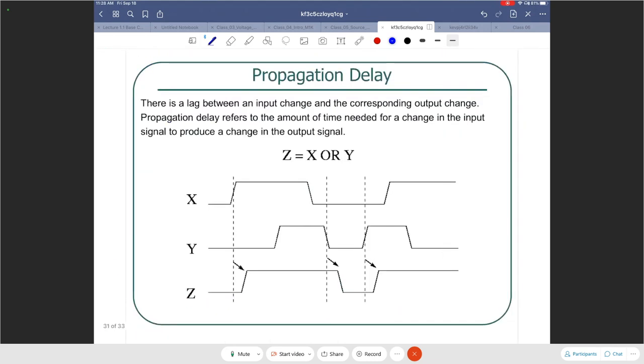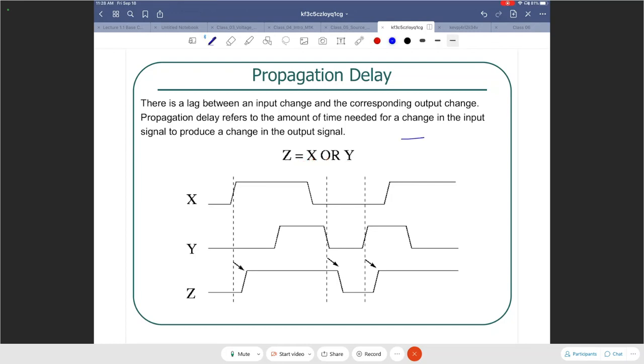We indicated a relationship between fan in and propagation delay, right? So propagation delay is the lag between when there is a change in the input and the corresponding change in the output. So for example, if you have Z equals X or Y, right?